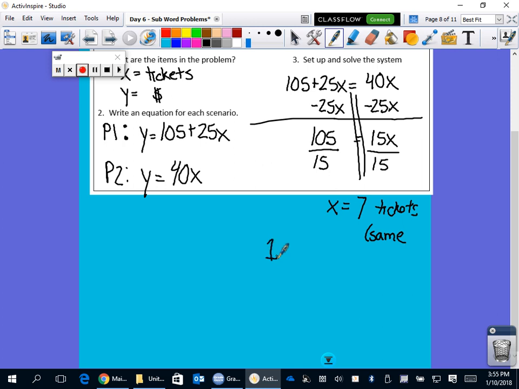So the first plan is cheaper when you buy 8 or more tickets. So technically that's the answer that the question is asking for.